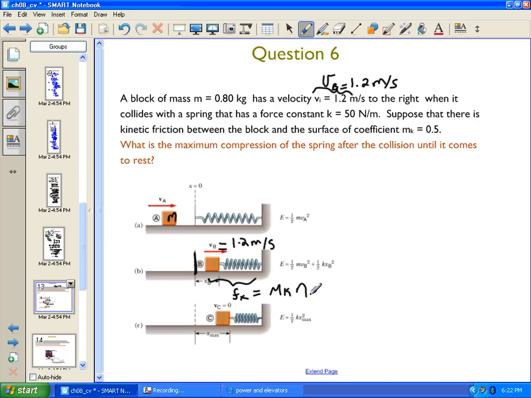But of course, here again, free body diagram of the block, we've got mg downward, we've got the normal force supporting it, we've got kinetic friction opposing the motion, and we have a spring force, which tries to push outward on the spring.